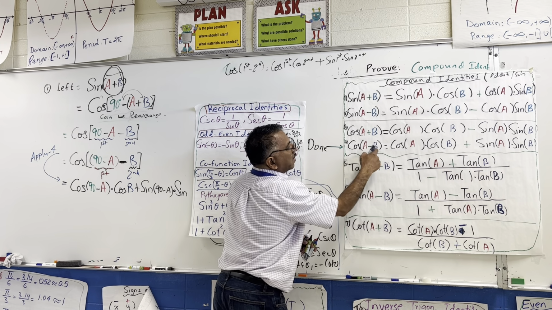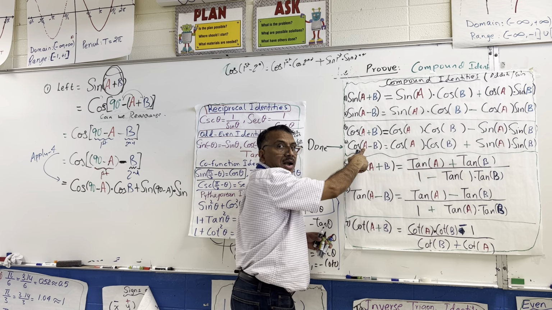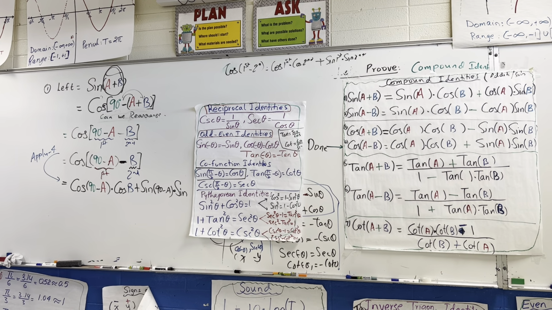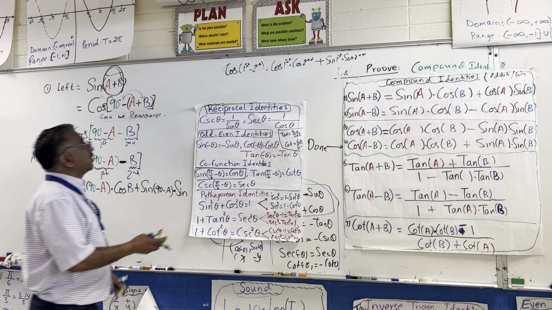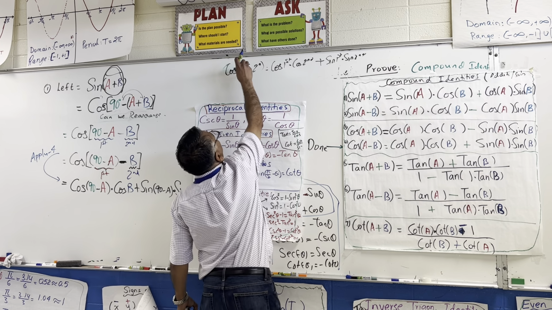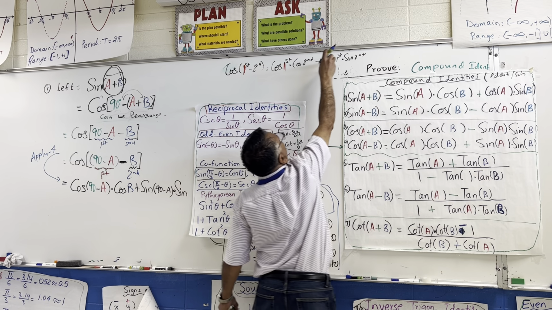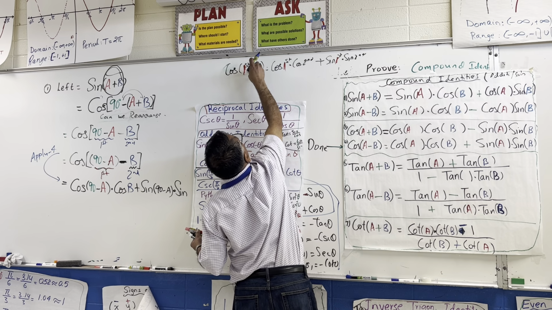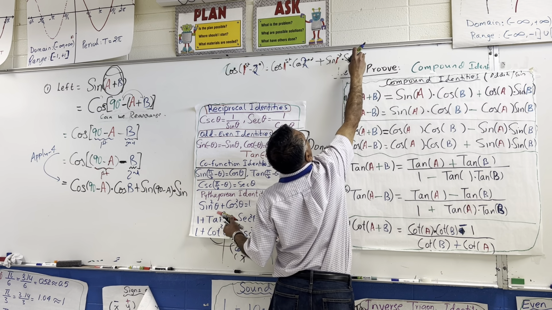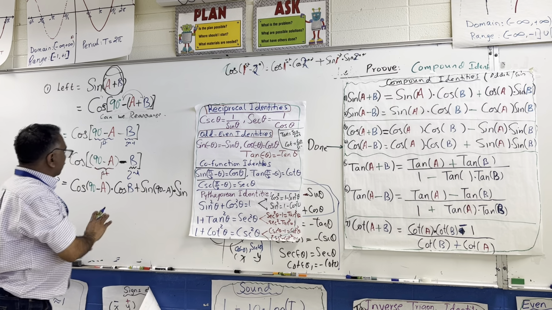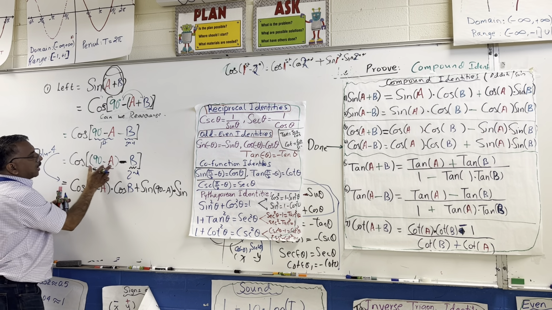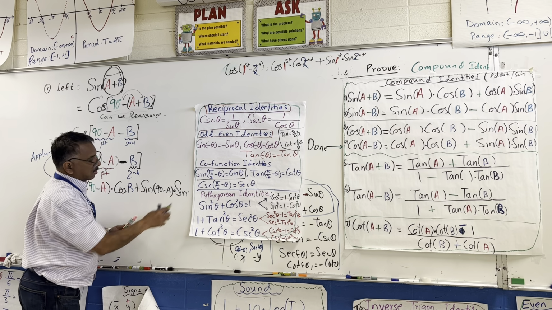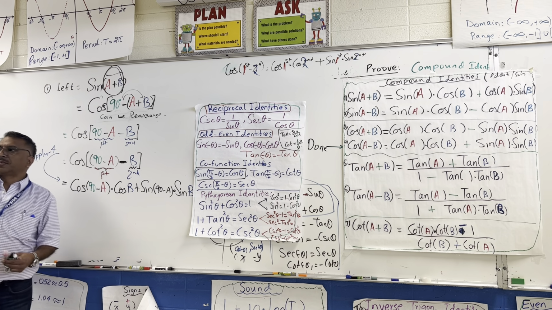The first is the red color, the second is the blue color. So this whole thing is first, second, and this becomes B. Is that okay? And we are almost done.